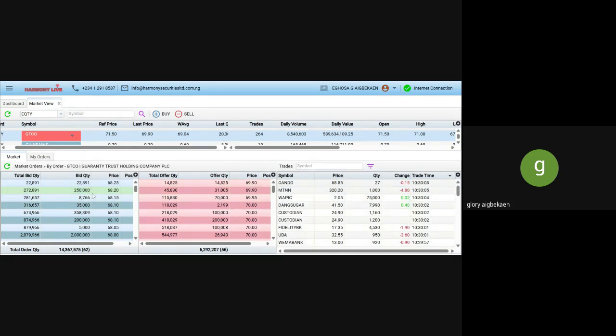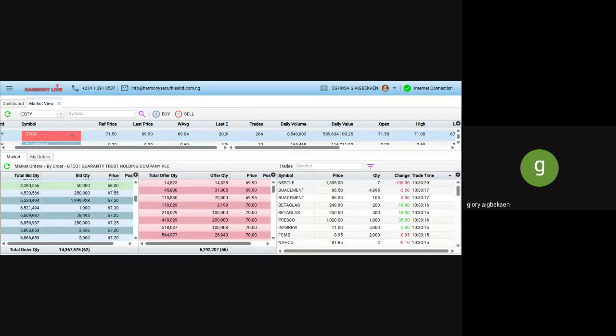But I may have done my valuation before coming. I look at this price, 68 naira 25 kobo, and it is not right. The price that is right is 67 naira 55 kobo, because what we do in trading, you are looking for a bargain.